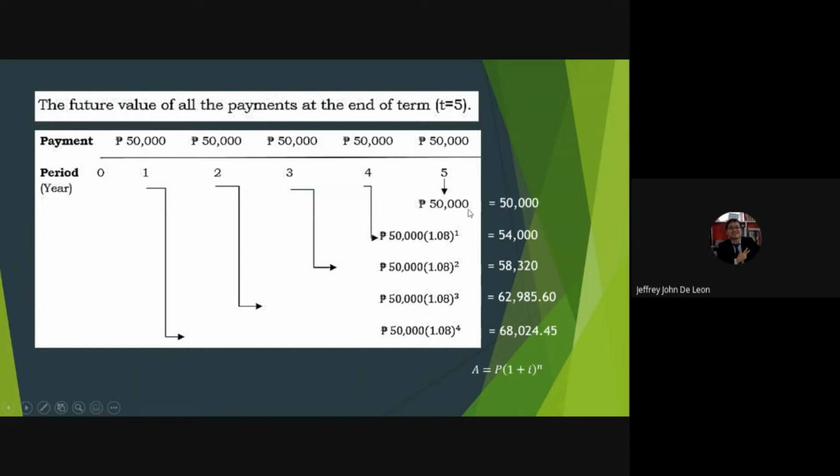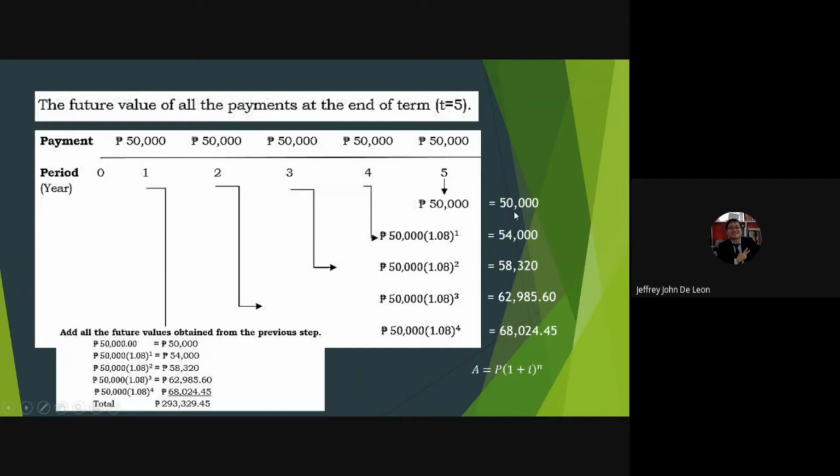This is multiplied by 1.08 to the power 0. 1.08 to the power 0 is 1, multiplied by 50,000 is 50,000. And then you just add all of it: 50,000, 54,000, and so on, will give you 293,330.05. That is the future value.